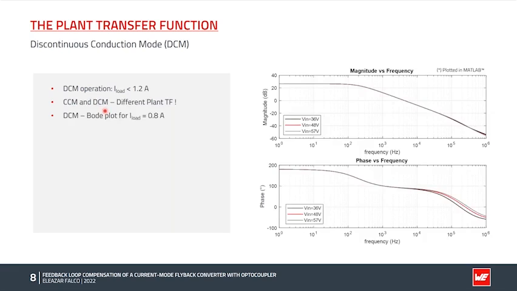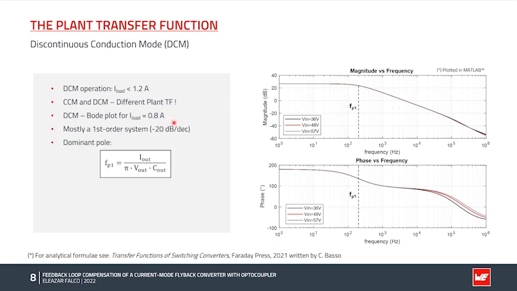Here we can see the Bode plots of the plant for DCM operation and an output current of the converter of 0.8 amps. It can be observed how it is mainly a first order system with a dominant pole whose frequency depends on the output current of the converter.